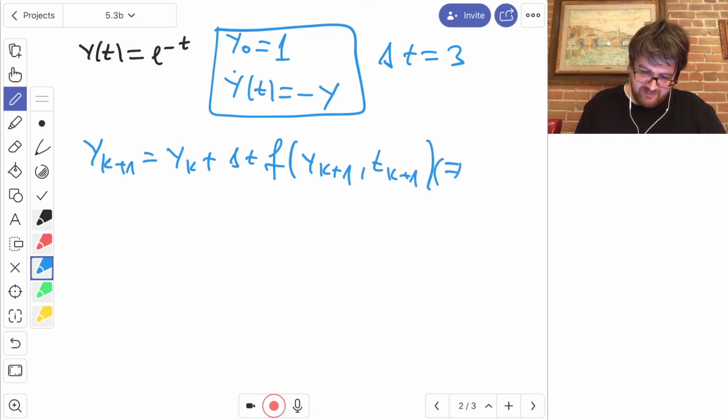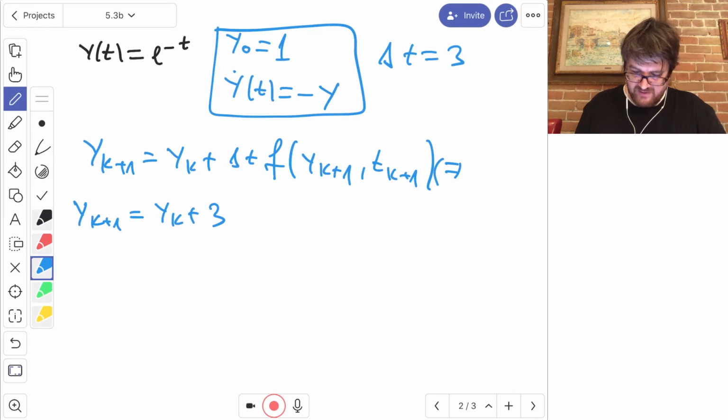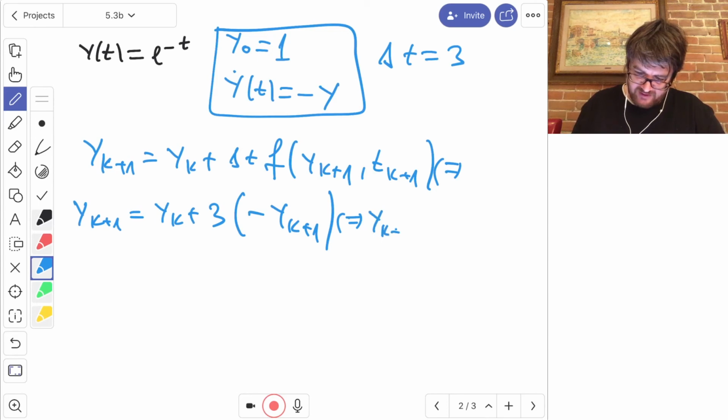So yk plus 1 equals yk plus 3 times, and this is minus yk plus 1. Now I can move this term to the other side, so I actually have yk plus 1 equals yk divided by 4.